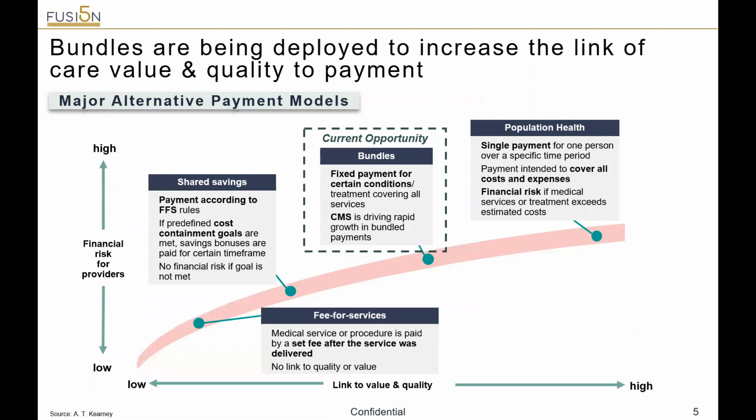And you notice that as you increase in value or quality along the x-axis or the bottom axis from low to high, there's a corresponding increase on the y-axis for financial risk from low to high. So as we move from fee-for-service up the scale, we are increasing risk, but as you well know from playing the stock market, sometimes those with greater risk can have greater rewards.